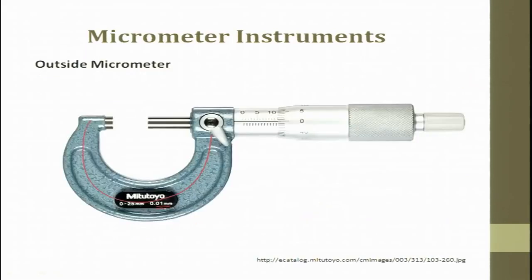This is the main scale, this is the vernier scale, and here is the screw. We keep the component here and start rotating, and once it is very close and tight, we rotate this knob until we get a click sound. The moment we get a click sound, uniform pressure is applied, so we stop and look at the readings of the main scale and the vernier scale.